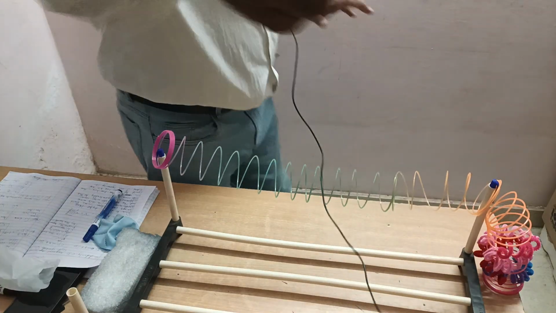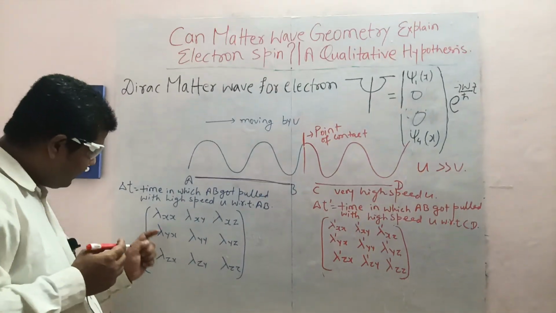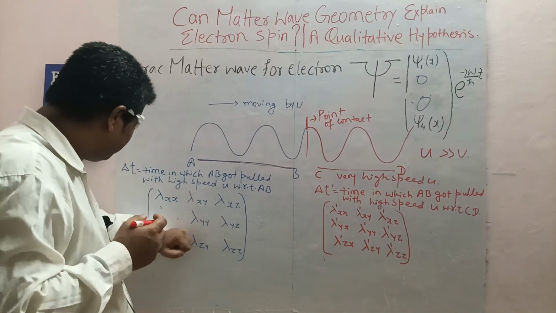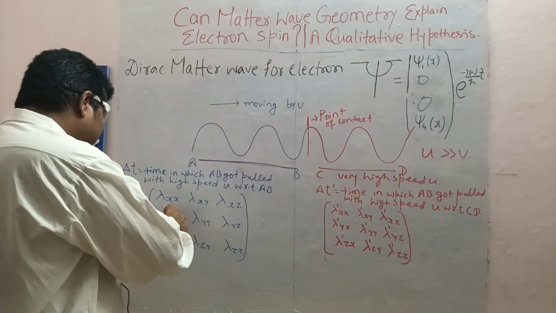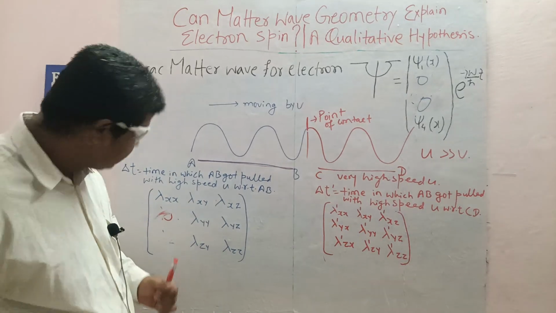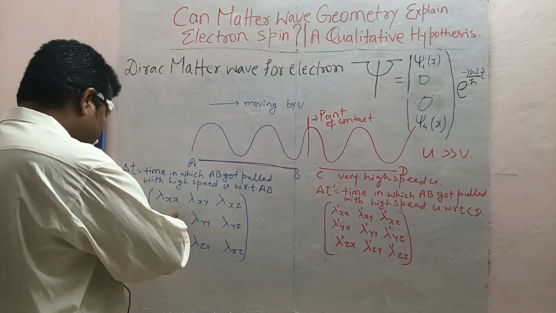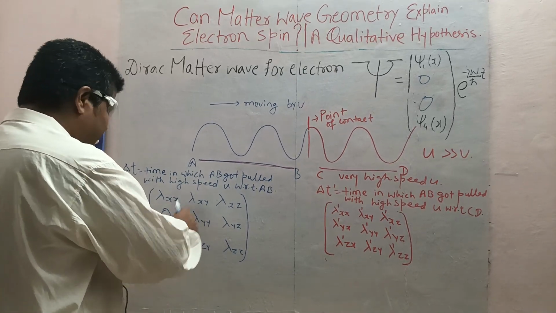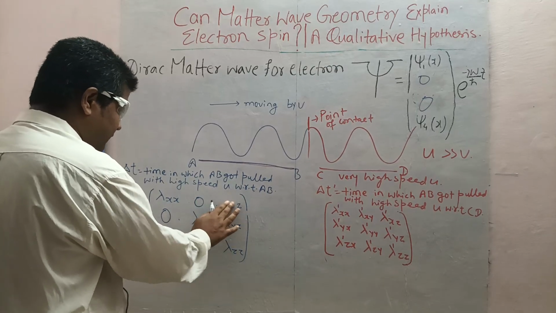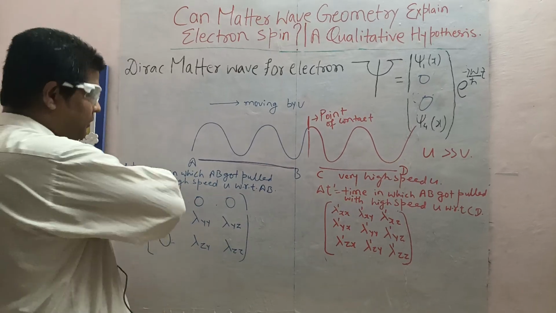Now show the board. Here, for ease, I have ignored these things. So you can take 0 here. Take this 0. Ignore this. Then all these 4 are orthogonal to this.